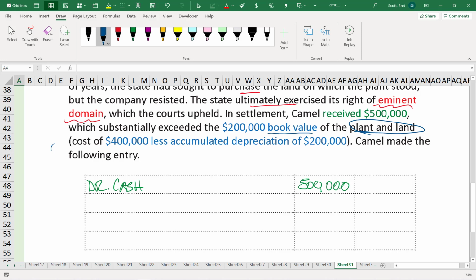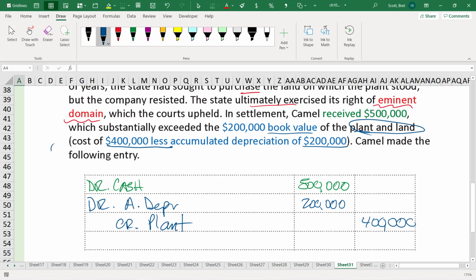The value of the plant and land had a book value of $200,000, $400,000 less accumulated. You have to write these things out separately now, so don't forget. Debit accumulated depreciation, the $200,000, and credit plant if you will, for the 400,000.